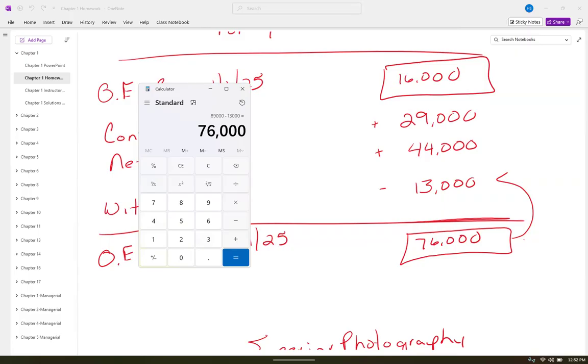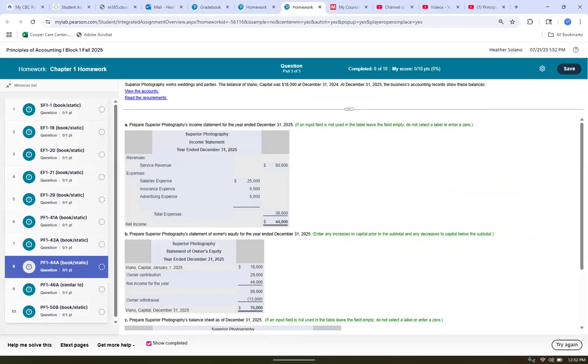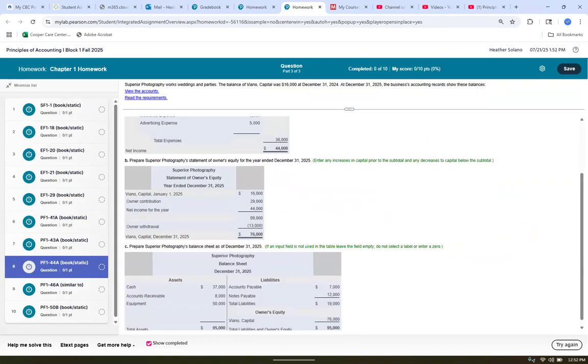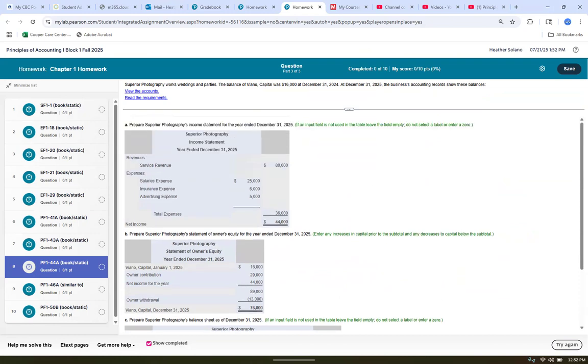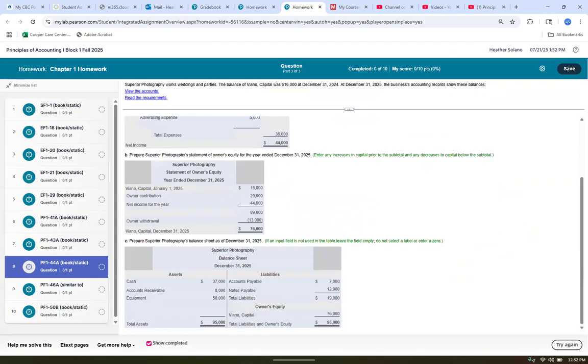Okay. So I'm going to jump over here really quick and show you in my accounting lab. So I just pulled up show completed as I was working through it. I do realize that it won't let you see that balance sheet, but just on a blank piece of paper, just say, hey, my total assets for this, my total liabilities for that. I know they've got to equal.